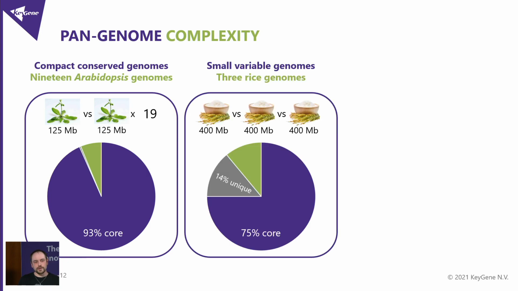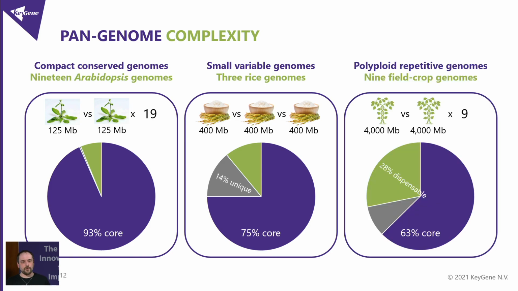Whereas if we go towards more variable genomes like rice, which also has many different accessions, as you saw during the previous session, aligning 3 of those genomes already shows that the core is much smaller, and you see this large piece popping up of unique, which is basically pieces of the genome that are not found in any of the other accessions. And these often contain very specific genes for those accessions.